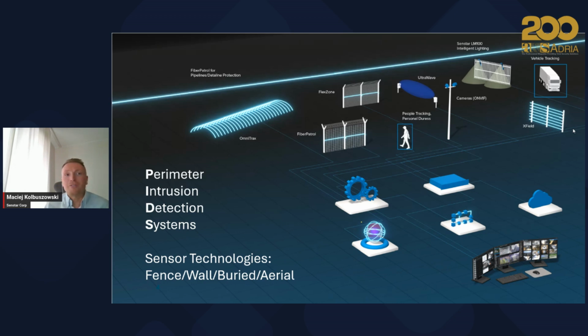We have very special dedicated systems like X-Field, which is used mainly by military and nuclear power plants, basically exclusively. And many different technologies, including microwave barriers and some others, which I will mention in a second.